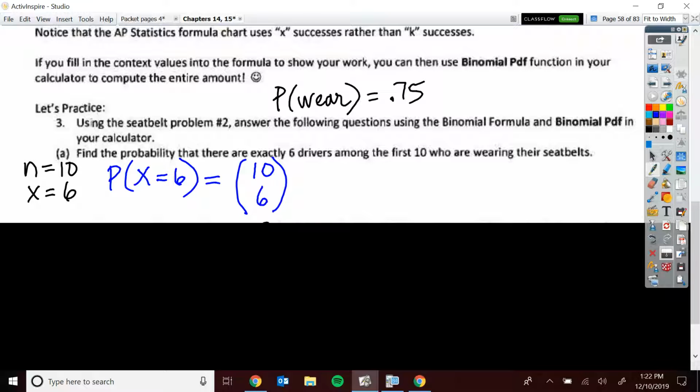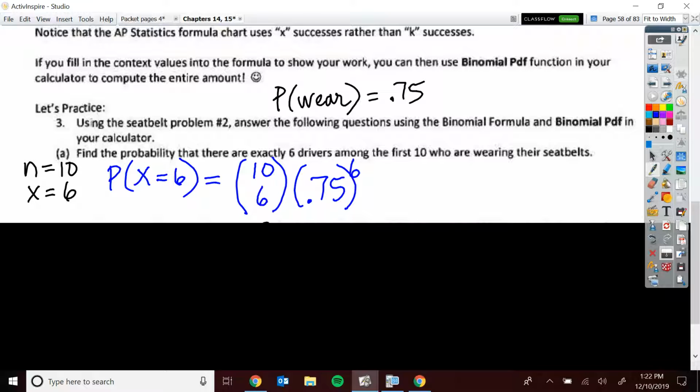Okay, what's next in the formula? The probability of success to the number of successes. So what is the probability of wearing your seatbelt? 0.75. And how many of those do I want? 6 of them. Now comes the failures.